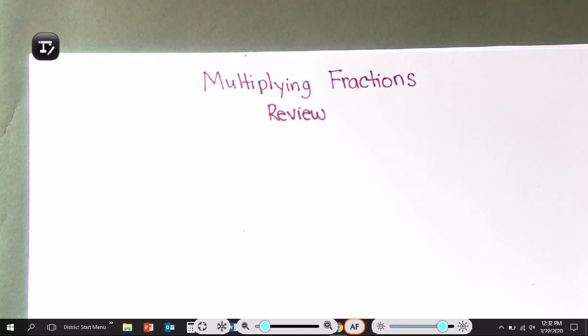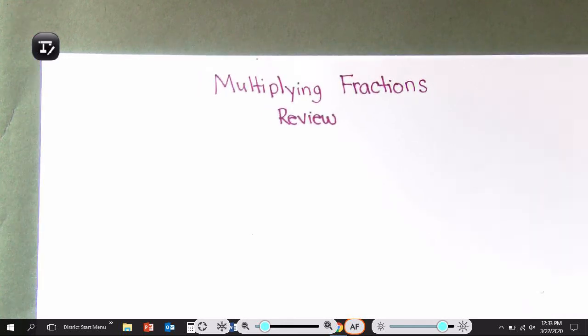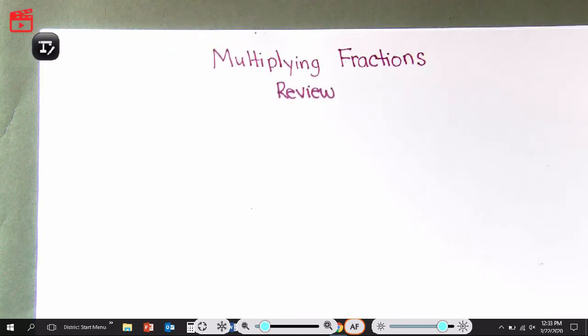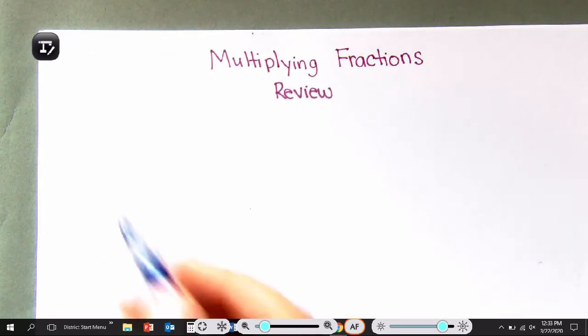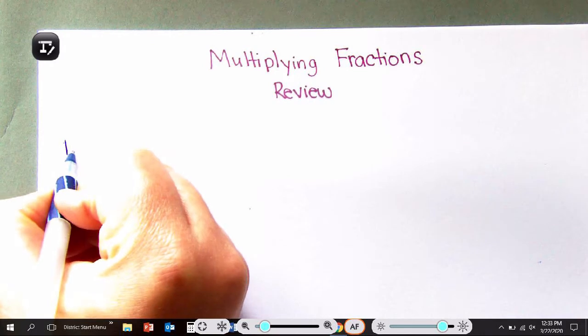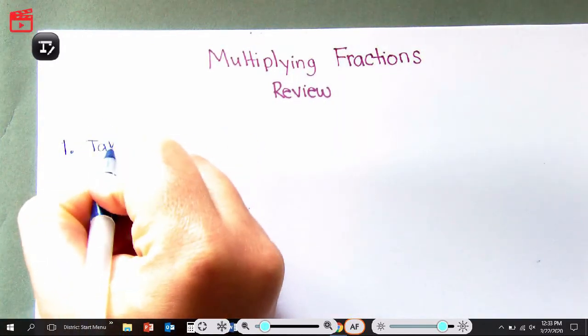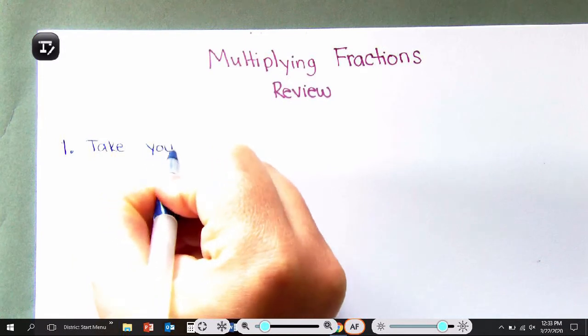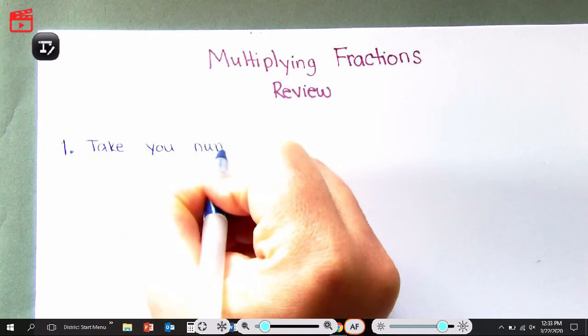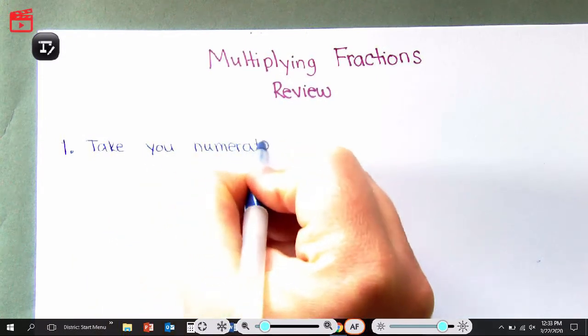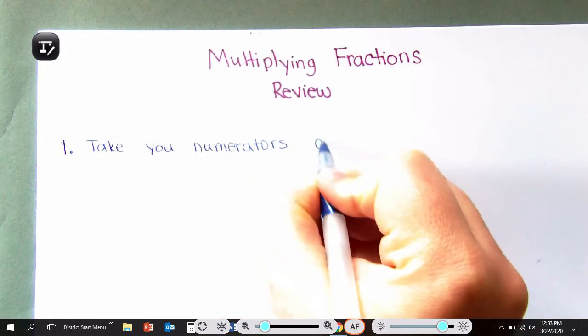All right, let's get started with this review. We are multiplying fractions. So I'm going to start off with a few steps and an example. Step number one, take your numerators and multiply.